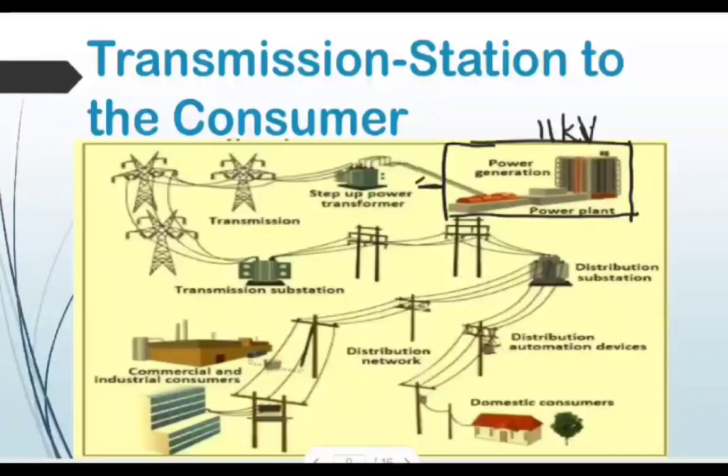From here, through cables and heavy wires, electricity is transmitted to step-up power transformers. So what happens at these step-up transformers? Here this 11 kilovolts electricity is raised to 132 kilovolts. The electricity is raised over here.